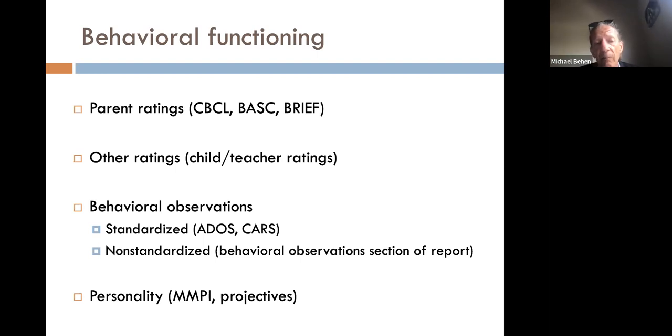Also, we'll get a full understanding of where they're at across adaptive behavior as well. It is very useful as well. Sometimes we want to get an understanding of some other folks' perception of the problems too. For instance, teachers. We're going to want to have teachers rate their behavior across those dimensions as well.